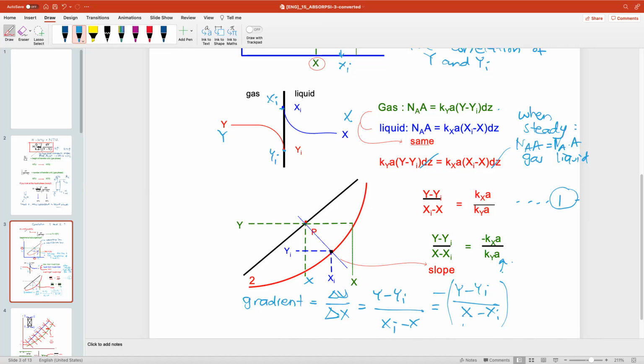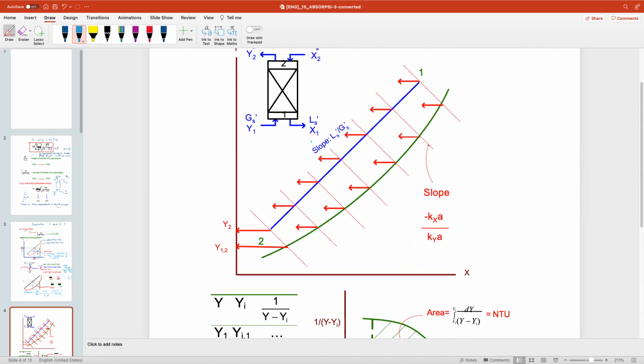So that tells you that if you have the mass transfer coefficient in a gas phase, and also you know the mass transfer coefficient in a liquid phase, then you can find the slope, and to get the slope is just enough to find your y. Okay, but why do we have to find the slope? Now here's the thing.